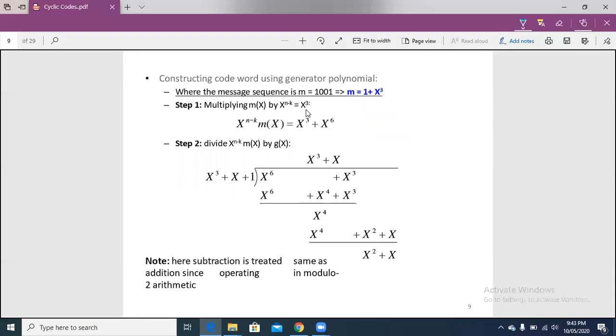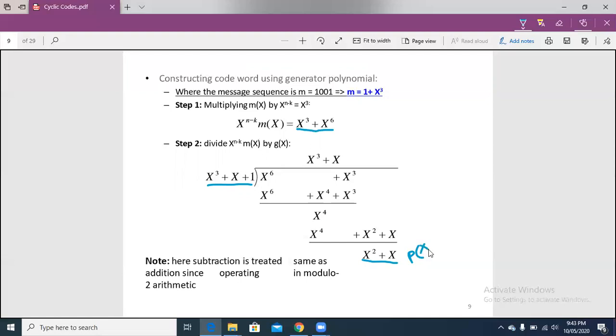So we multiply it by x3 and we will get the shifted version of this message, x3 plus x6. So we have x6 plus x3, and we have the generator polynomial. Now we will get the remainder x2 plus x, which is the parity p of x.